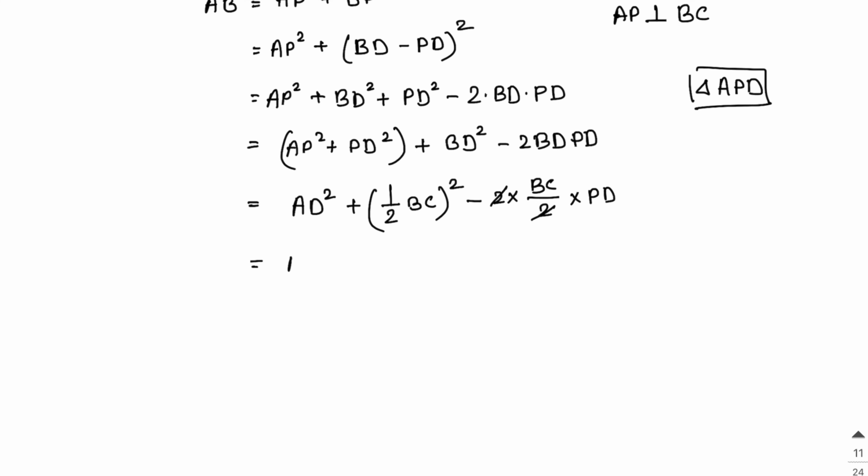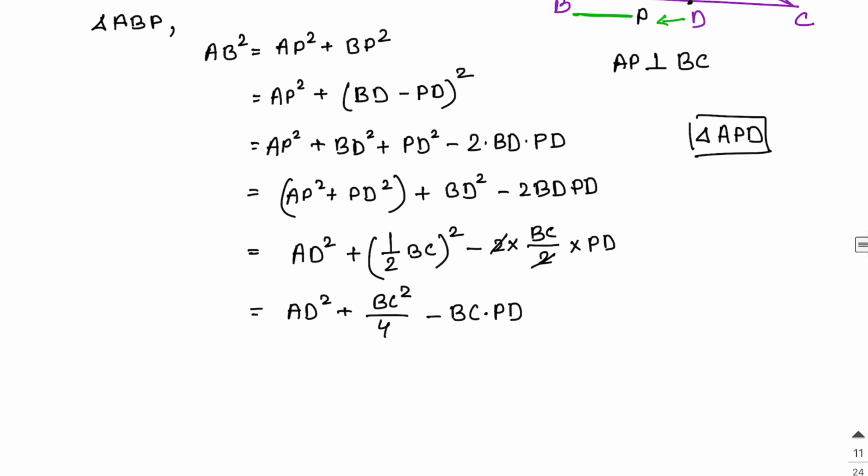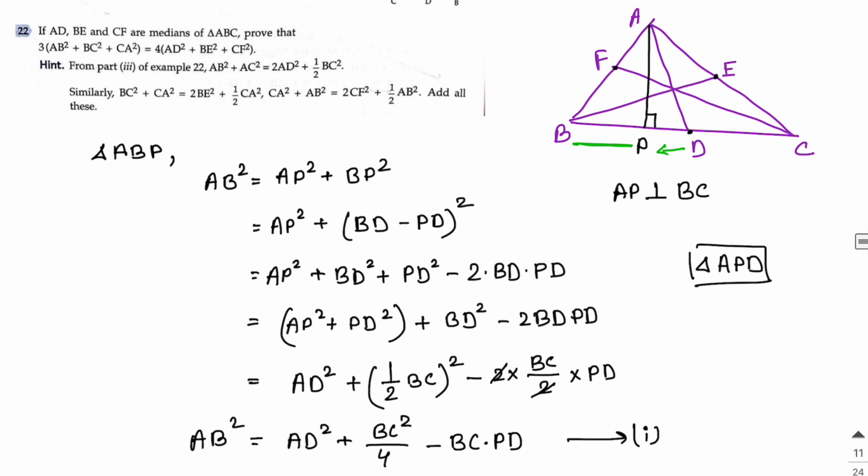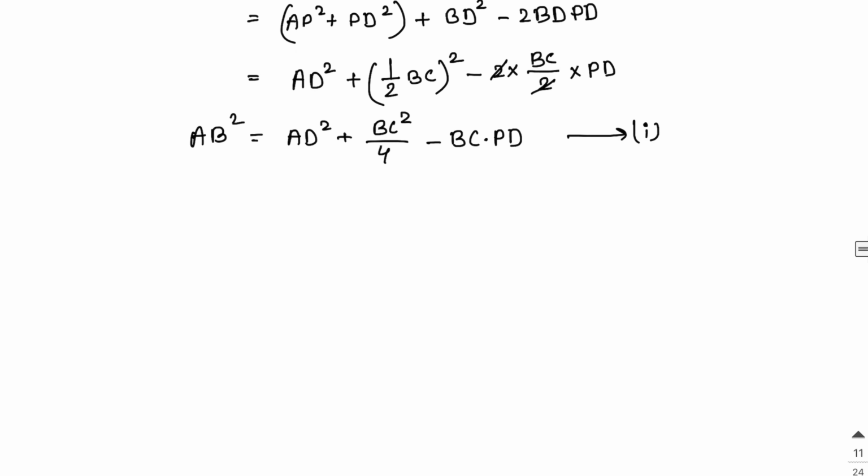So that one equal to here AD square plus BC square by 4 minus BC into PD. Okay, so that means AB square is equal to this one. Put it number 1.